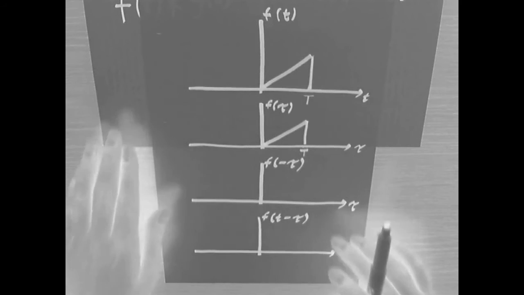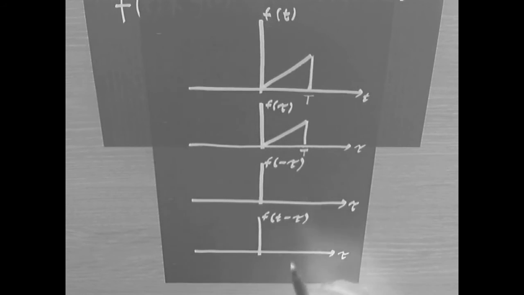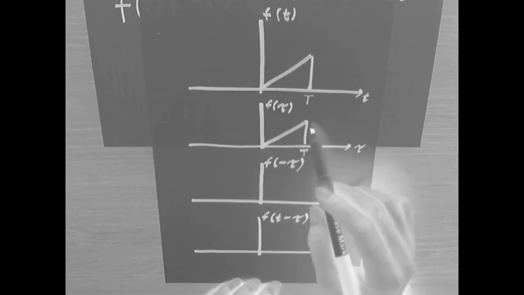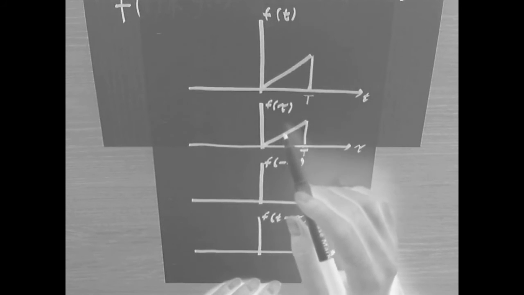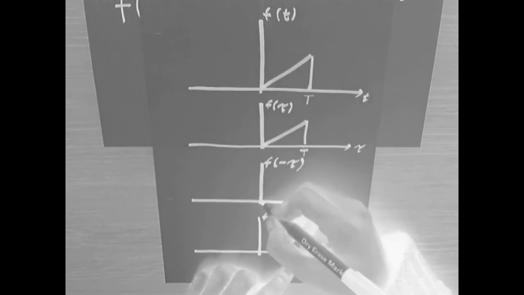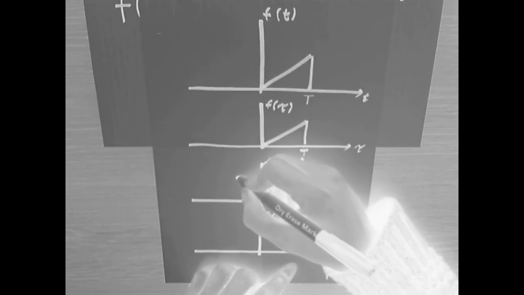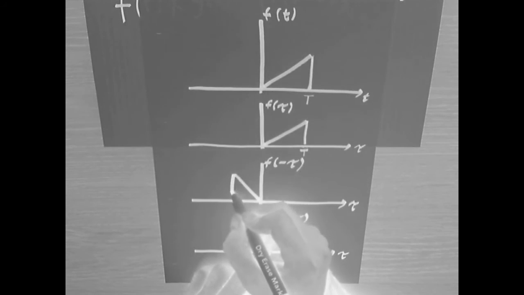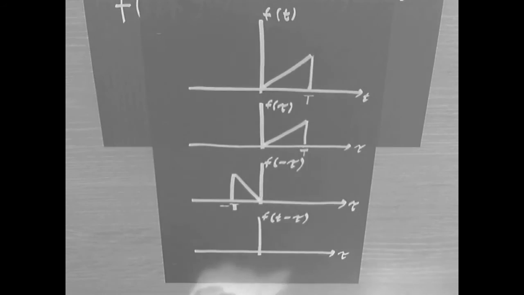So to graphically describe that, we mirror our triangular pulse, or mirror our input example signal, and a mirroring of a triangular pulse looks like this. At minus big T. Now to complete this and get f of t minus tau in the tau domain, we shift it by t.